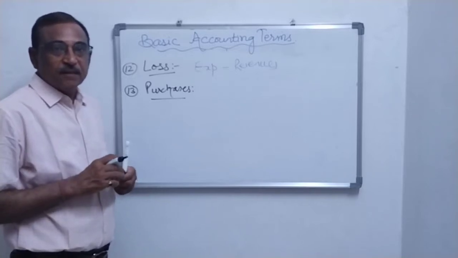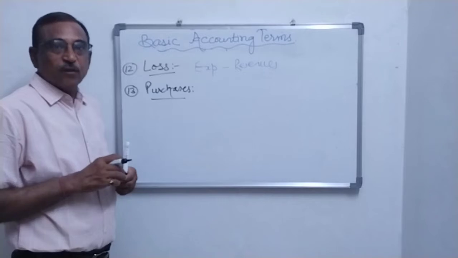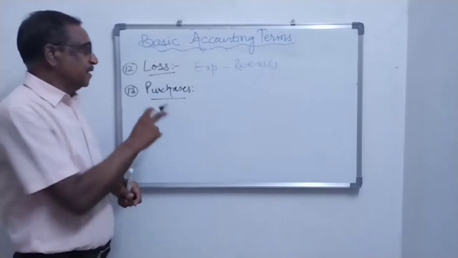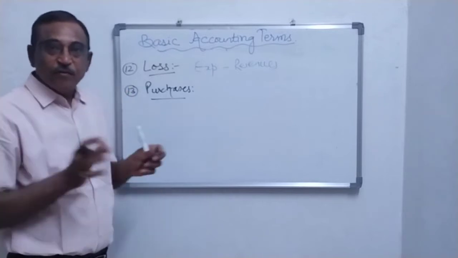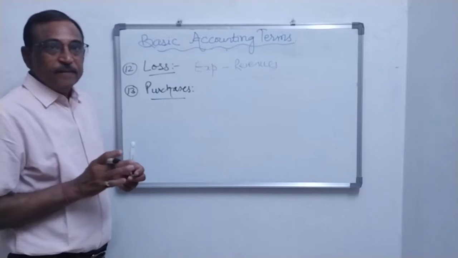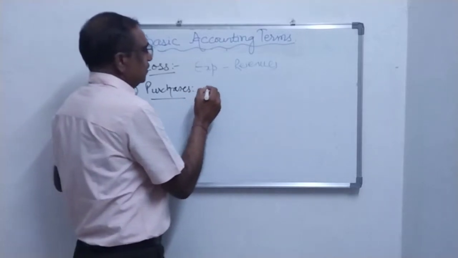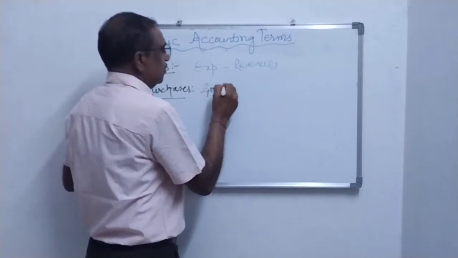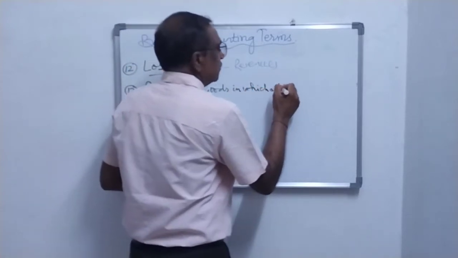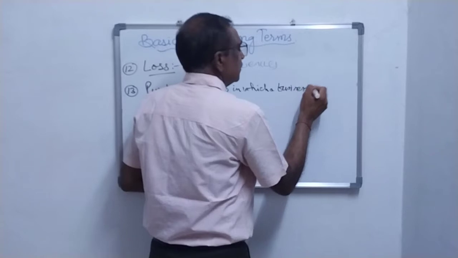For example, you have a general merchant shop. All the goods you are buying and selling regularly will be termed as purchases. So purchases means goods in which a business trades.